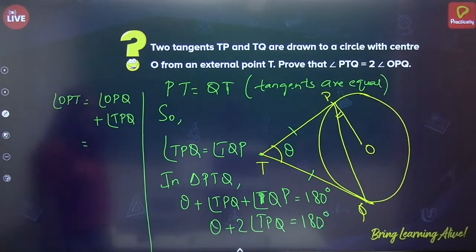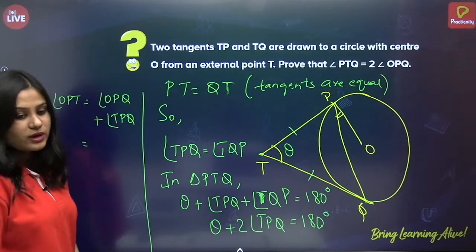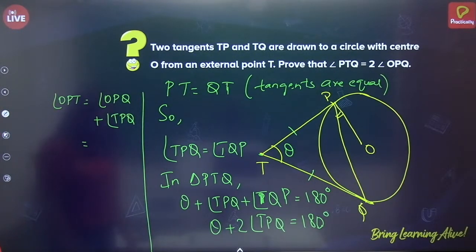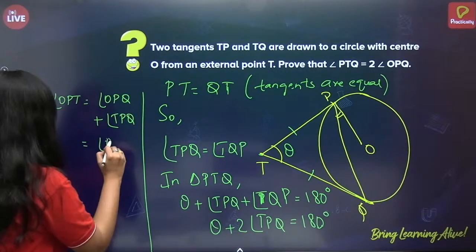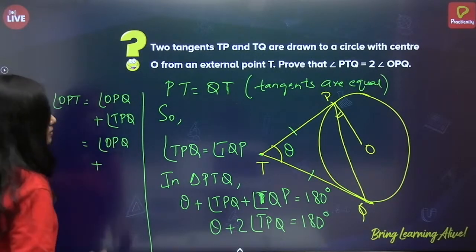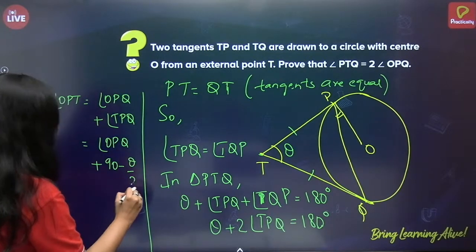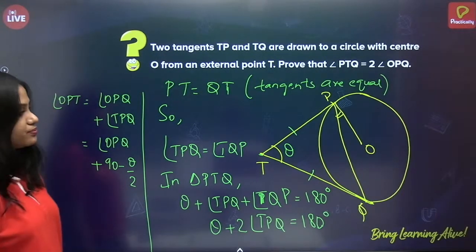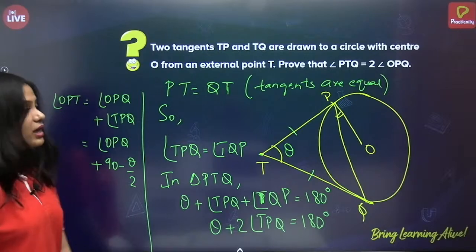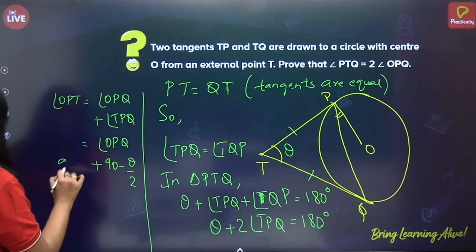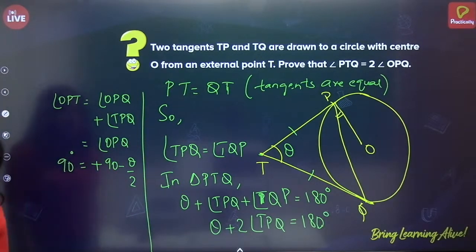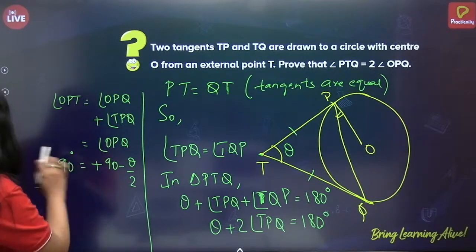Alright. So, let us substitute OPQ. We do not know. So, angle OPQ plus what is TPQ? 90 minus theta by 2. Correct? And what is OPT? 90 degrees.